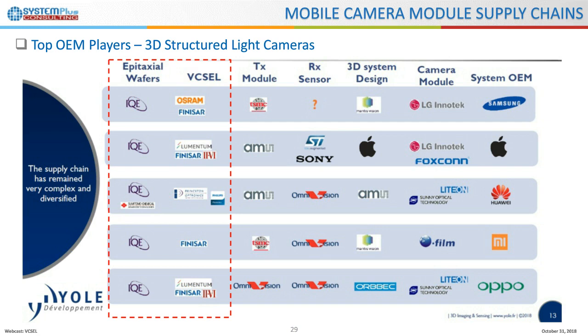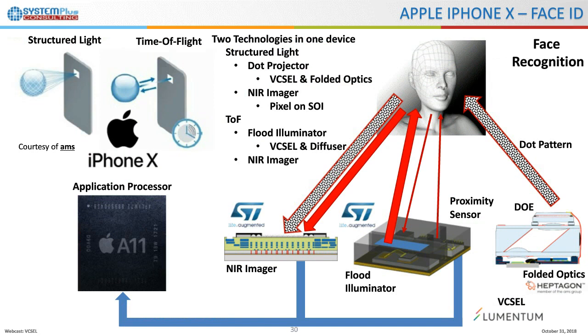I will not cover the other parts of the 3D camera, which are the sensors and the camera modules; here I will focus much more on the VCSEL part. For sure, as Bart mentioned, the first killer app has been Apple with the iPhone 10 and the Face ID face recognition system.